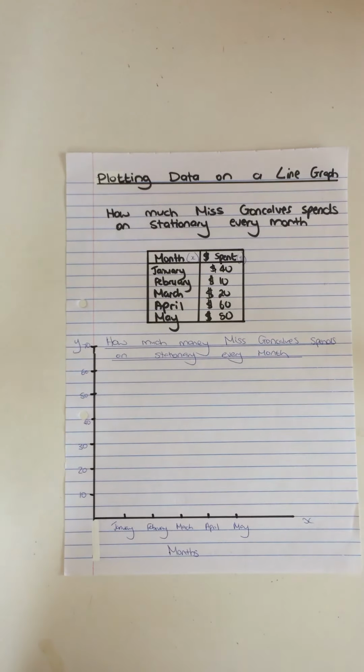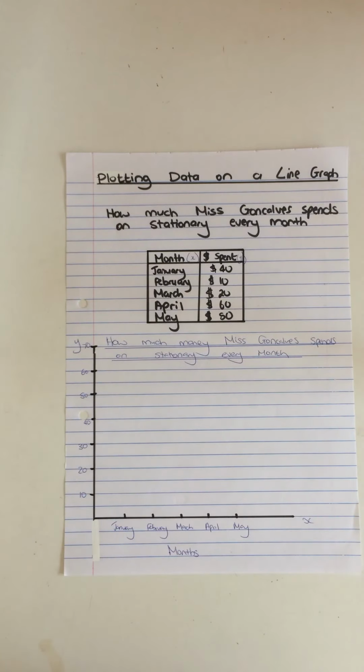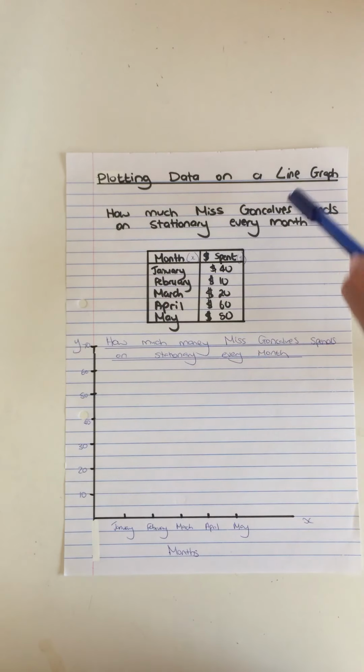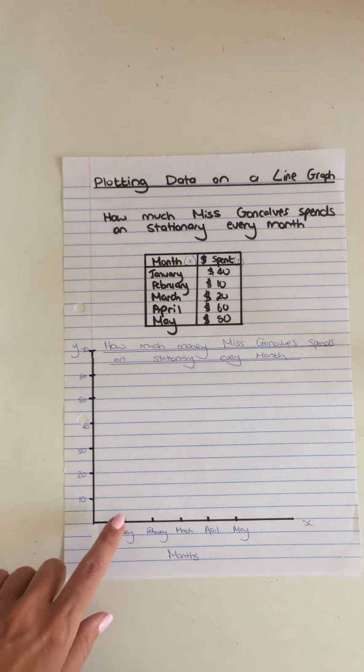Right. Now that I have got my y-axis and my x-axis ready, now I can start plotting my data. Remember, we are doing a line graph and not a bar graph. A line graph is different from a bar graph because it has lines and not bars. I'm going to show you how we do it. So in January, Ms. Gonzalez spent $40.